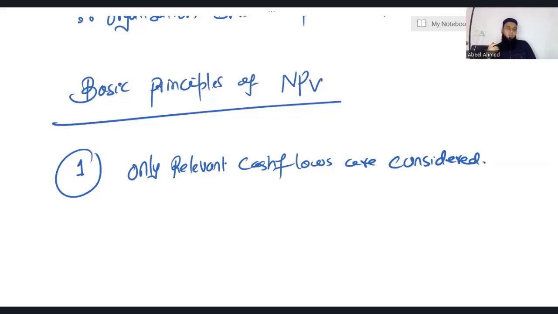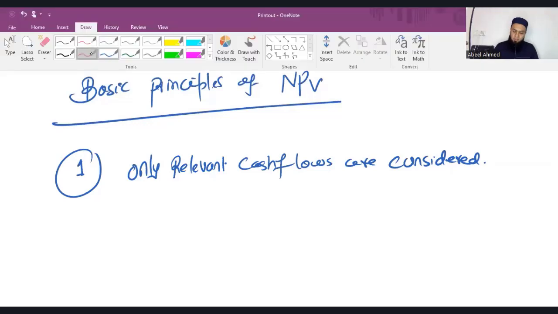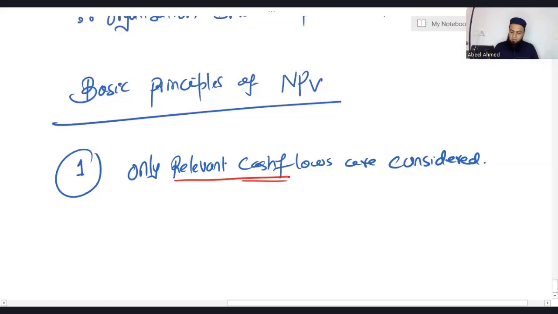Now let us discuss what you mean by relevant cash flows. The entire discussion is only on one concept right now, that is relevant cash flows. We'll be discussing, don't worry at all, after a few concepts, what is the difference between cash flow and accounting profit. We will discuss that also.